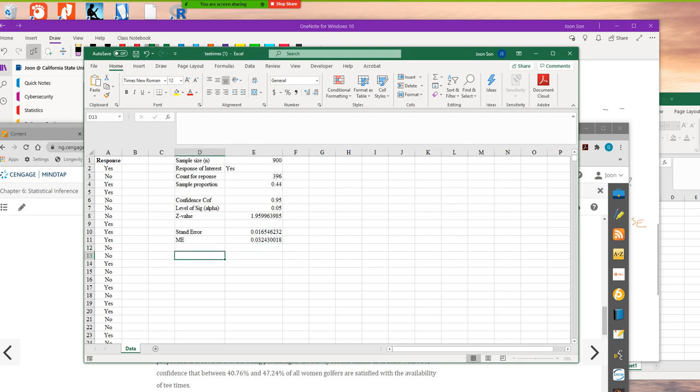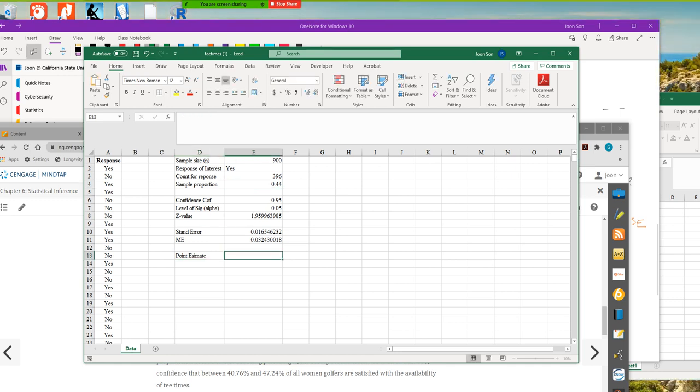So now we can find what the point estimate is. Our point estimate is the sample proportion, this value. The lower bound, or lower limit, same thing, is the point estimate minus the marginal error, which is this.